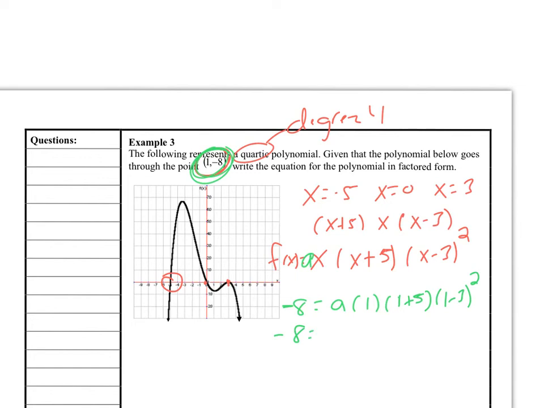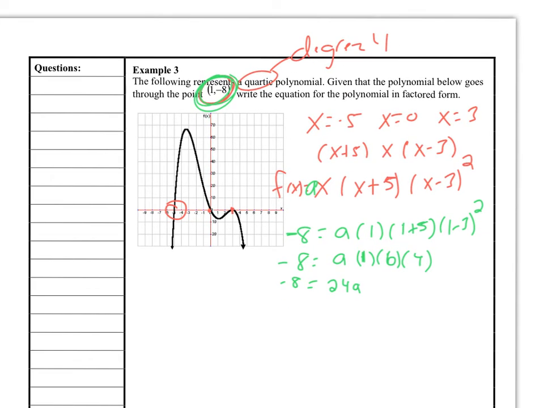So negative 8 equals a multiplied by 1 times 6, and 4, which gives us 24a equals negative 8. So we're going to end up with a equals negative 8 over 24, which is negative 1/3.